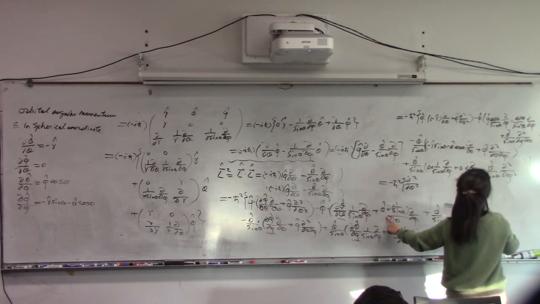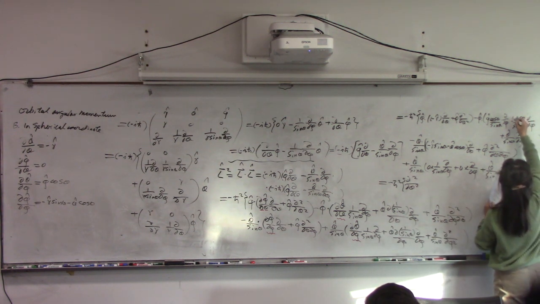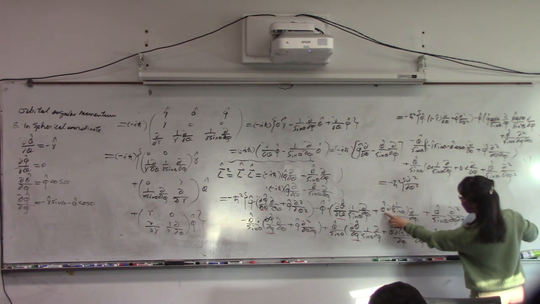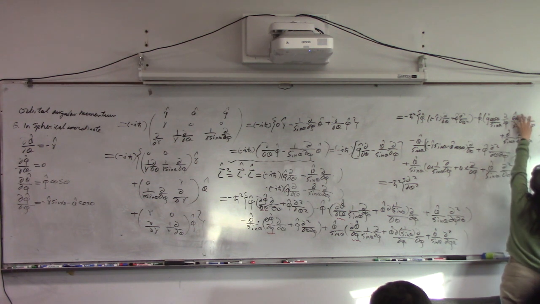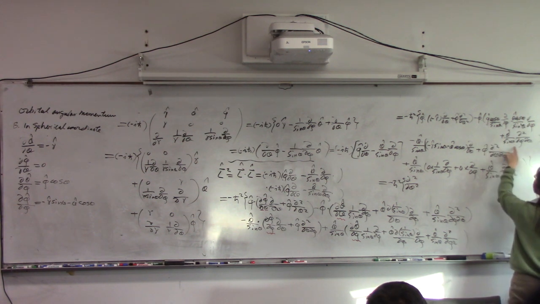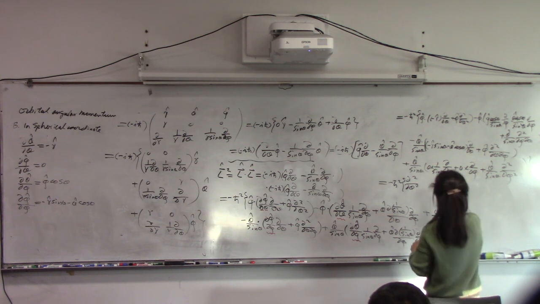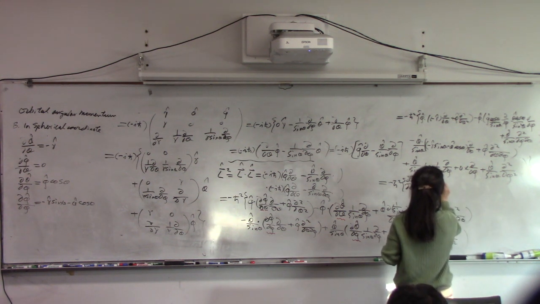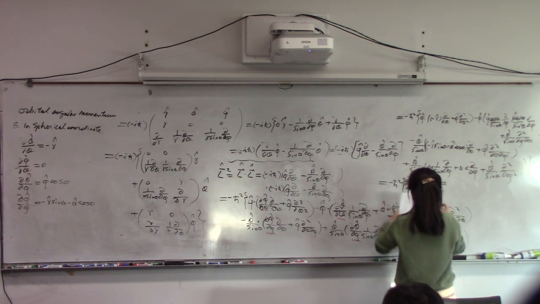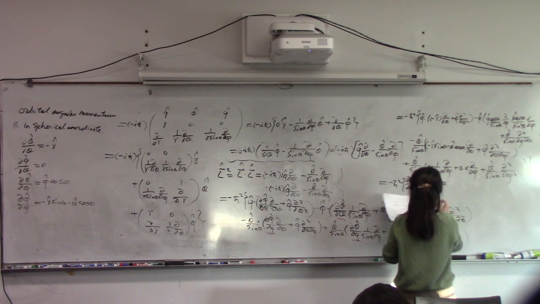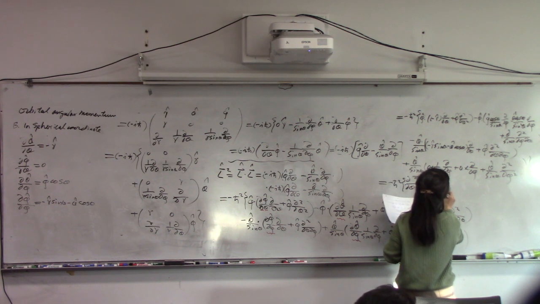This one I have a theta here, right? So this one is also 0. Only this term is non-zero. This is also 0, right? So non-zero, this one is minus cosine theta sine theta partial phi.